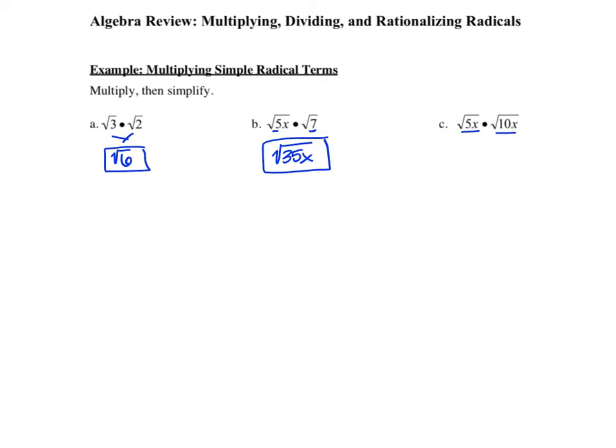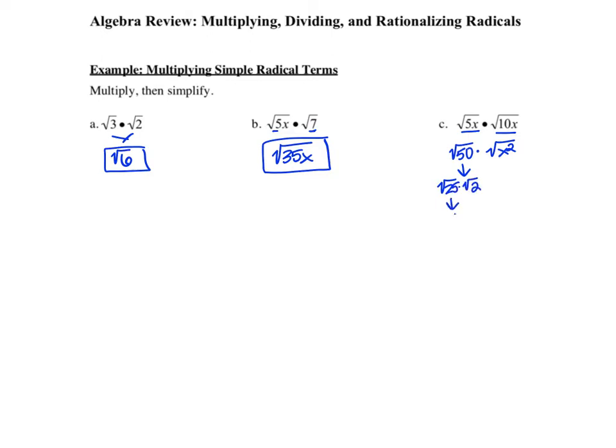So on this one, I like to just do the whole numbers separate from the variables. So you have the 5 times 10, that's 50, so root 50. And then root x times root x is going to be root x squared. So this can be simplified. So root 50 can be broken up into root 25 times root 2.